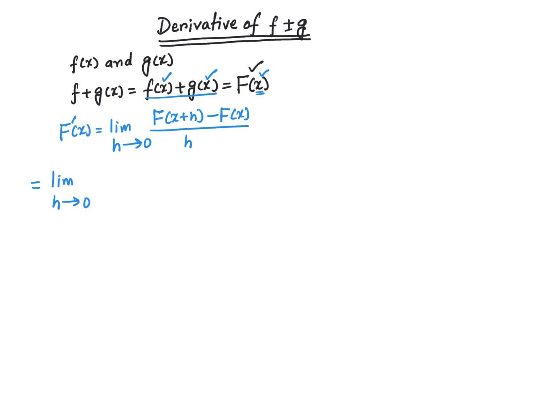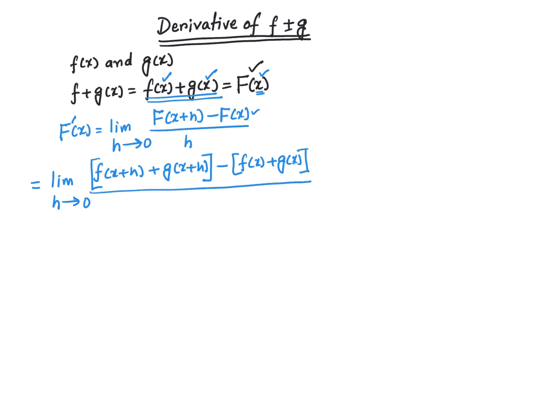So this ends up becoming f of x plus h plus g of x plus h. Let's put it inside a square bracket to separate things, minus F of x, which is just f of x plus g of x. So there's going to be minus f of x plus g of x, divided by h.